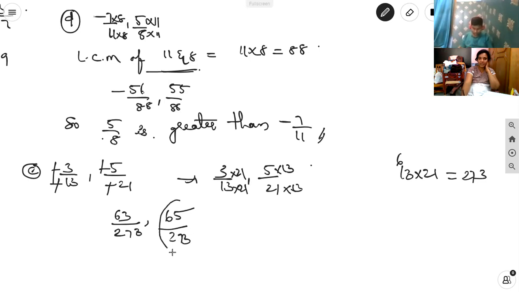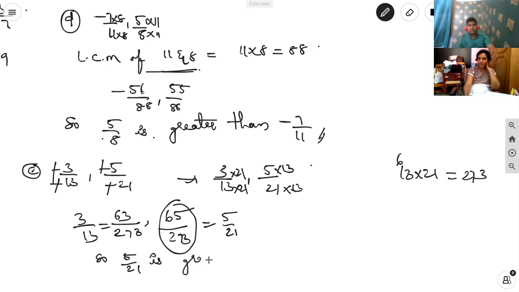Which is greater? 65 by 273, which is equal to 5 by 21. 63 by 273 is equal to 3 by 13. So which one is greater? We can say that 5 by 21 is greater than 3 by 13.